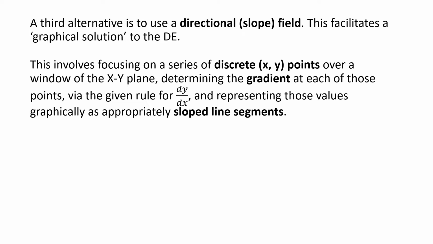Basically, we take a window on the XY plane and we take discrete XY points, and we substitute those XY pairs into our rule for dy dx, and that gives us a steepness value. So if it's positive, we draw a short positive line segment representing that value, and if it's negative, a negative short line segment representing that value.